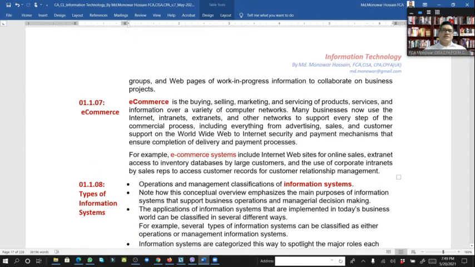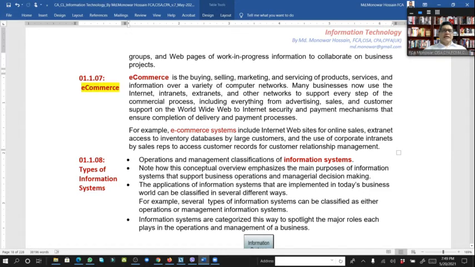So here, e-commerce. This is just the fundamental definition, and also a specific chapter. E-commerce is the buying, selling, marketing, and servicing of products, services, and information over a variety of computer networks.